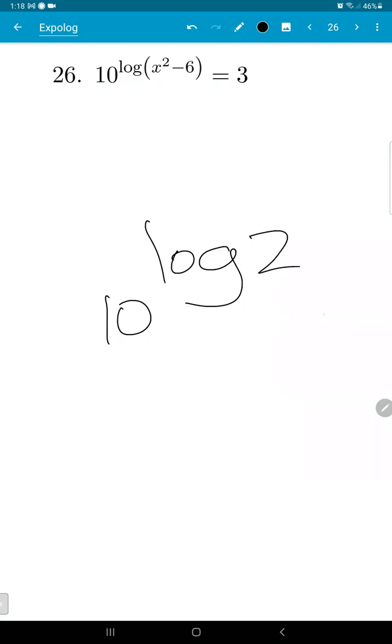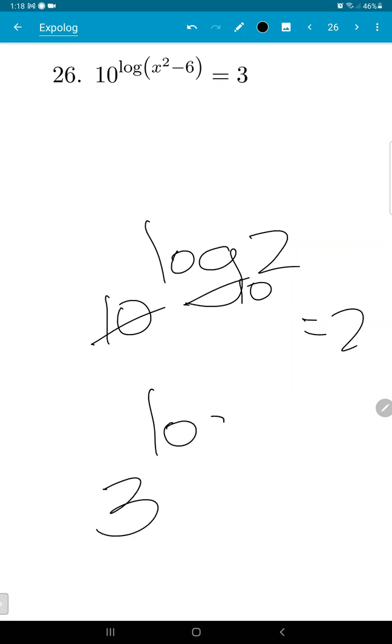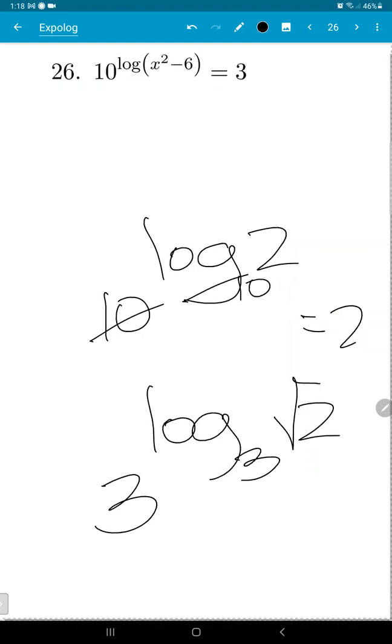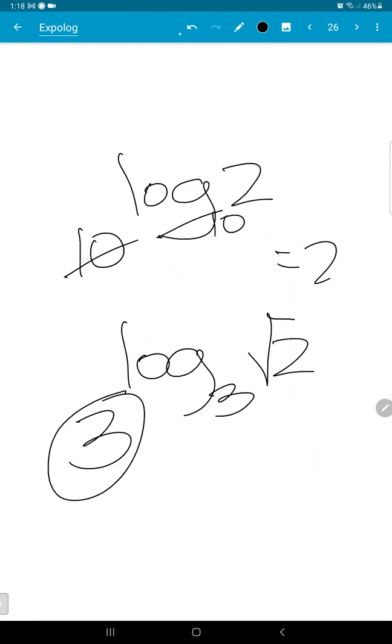10 to the log 2 is 2, because this is base 10, log base 10 and exponential base 10 cancel out. It's true to any base, like 3 to the log base 3 of, say, square root of 2. This is base 3 exponential, this logarithm base 3.